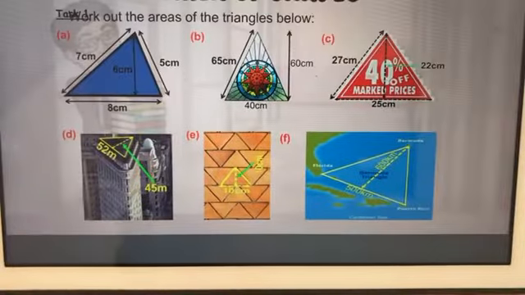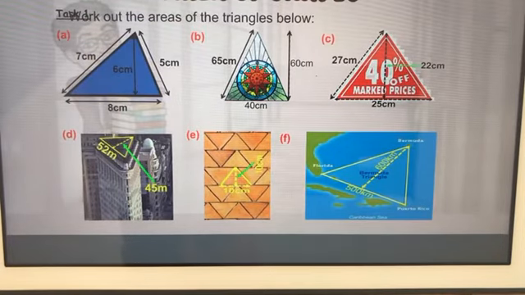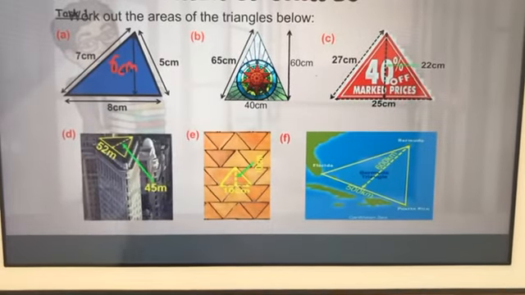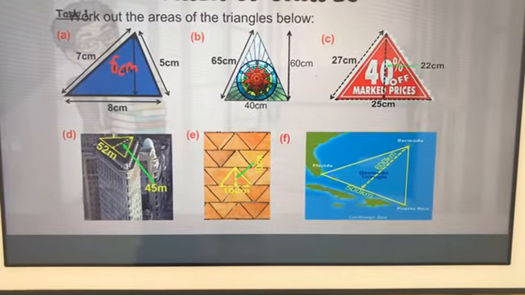Right guys, so have a go please at some of these questions on the page. This one, if you can't see it, is 6 centimeters. I think all the other ones are visible.